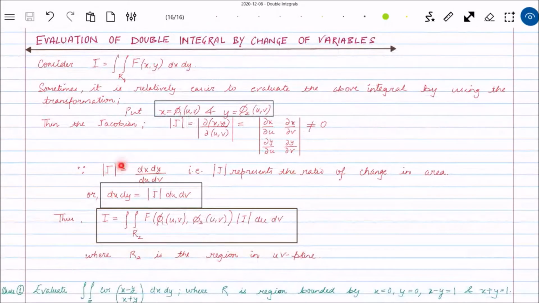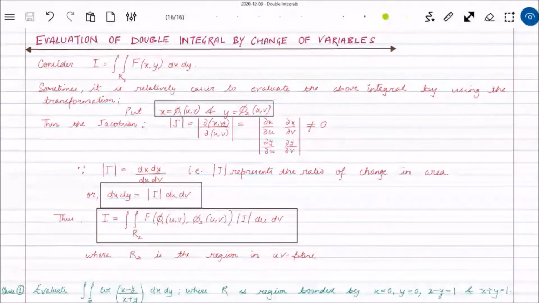And you know that this Jacobian determinant is nothing but the ratio of the elementary area in the original xy plane and the elementary area in the new uv plane, right? So the Jacobian represents the ratio of change in area if you are dealing in 2 dimensions. This is in double integral.